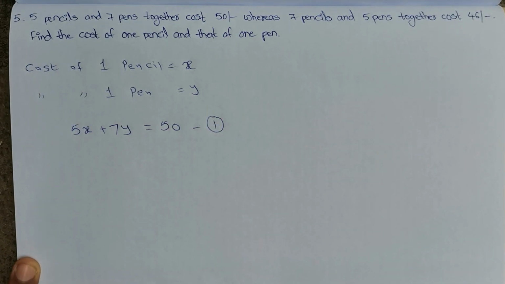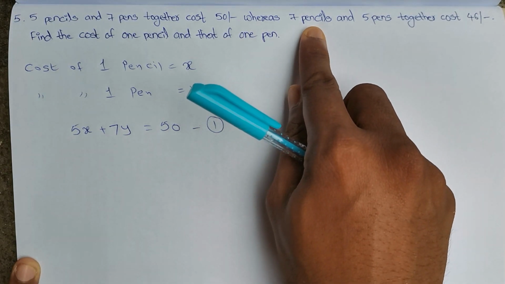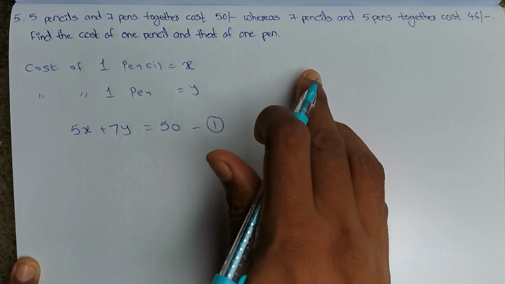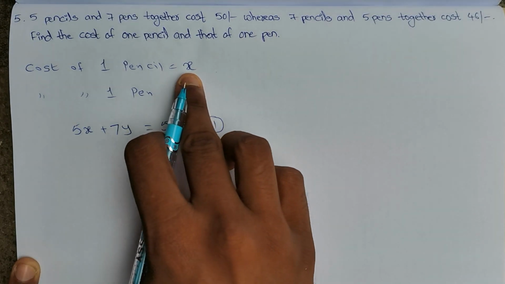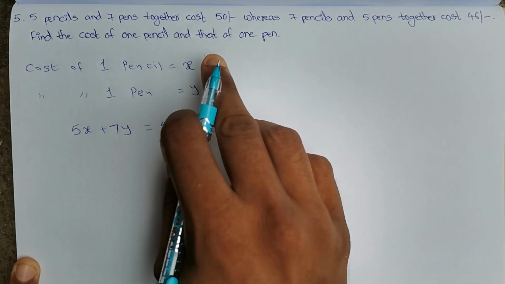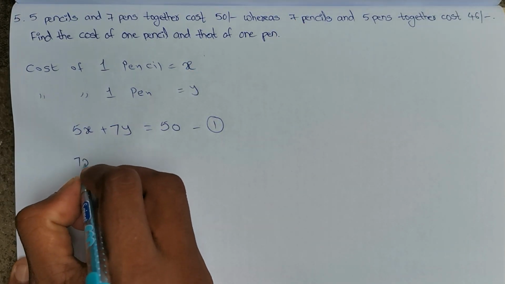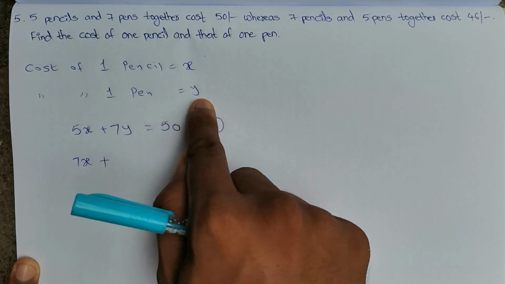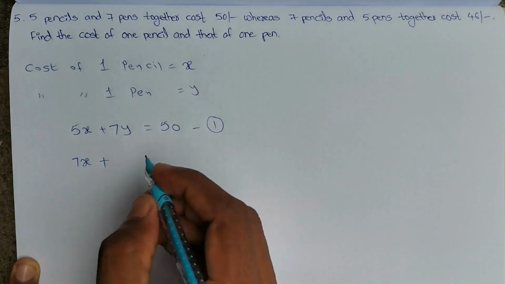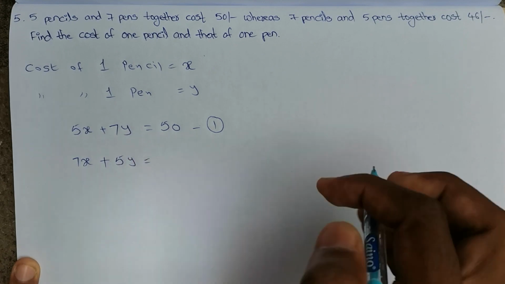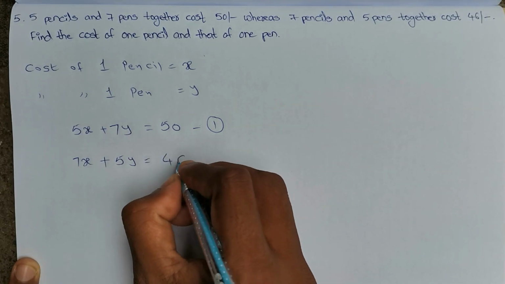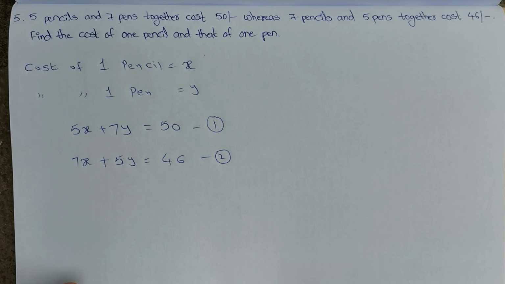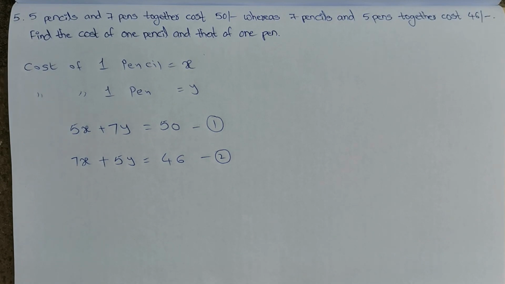Equation 1. Next, second condition, 7 pencils and 5 pens. 1 pencil cost is X rupees, so 7 pencils cost 7 into X, 7X, plus 5 pens, 1 pen Y, then 5 pens 5Y. It costs 46 rupees. This is equation 2. So now we need to solve the first equation and second equation.